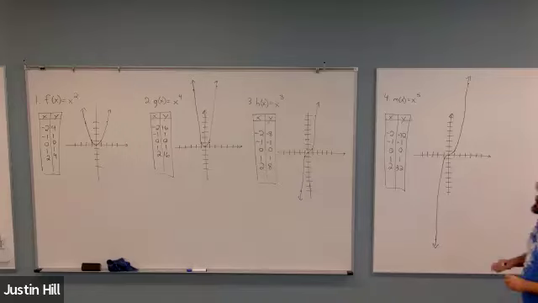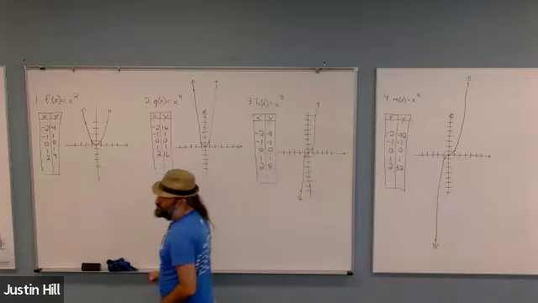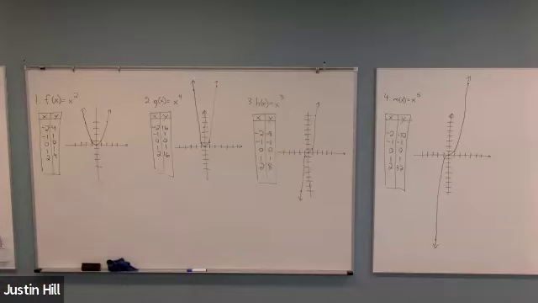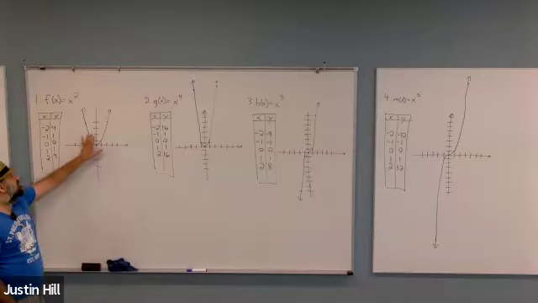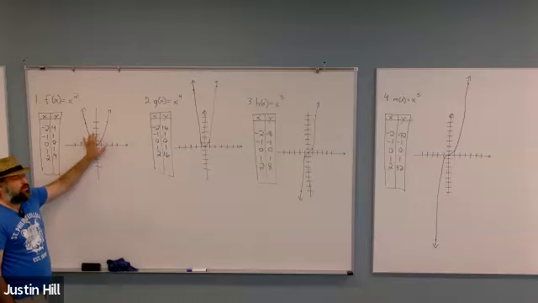In this homework, they're going to start asking you about something called the end behavior of the graph. The idea is, if you look at the graph and blank out the middle, what's happening on the ends of the graph?